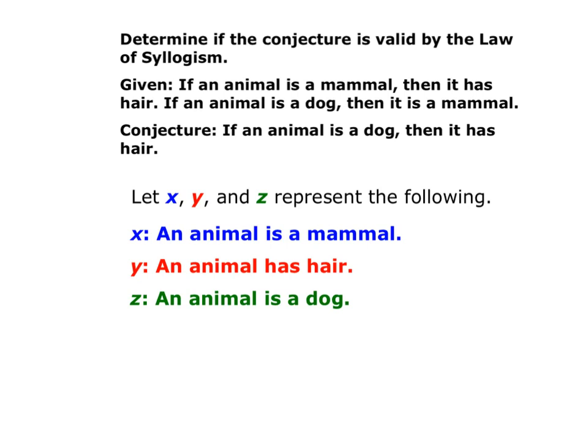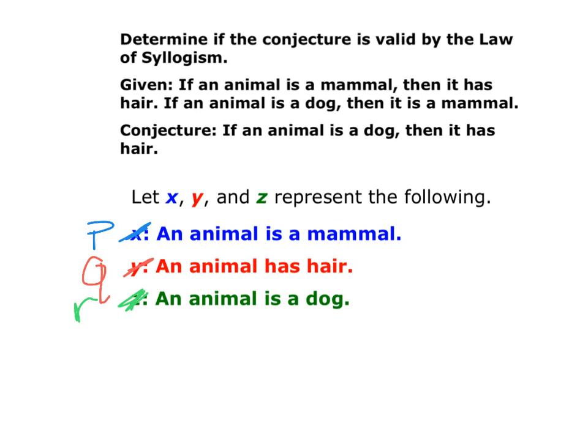So now we have if an animal is a mammal. Would this be our P, Q, or R? If an animal is a mammal, then it has hair. If an animal is a mammal, what's that?